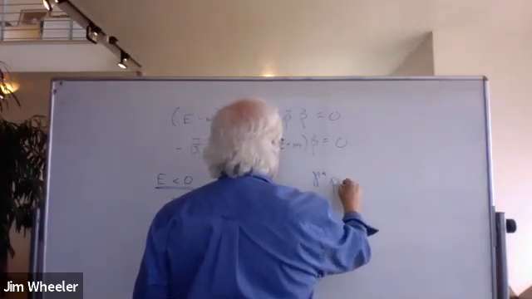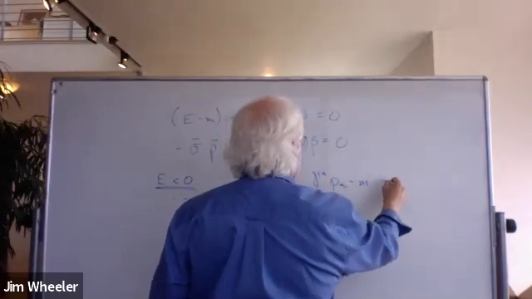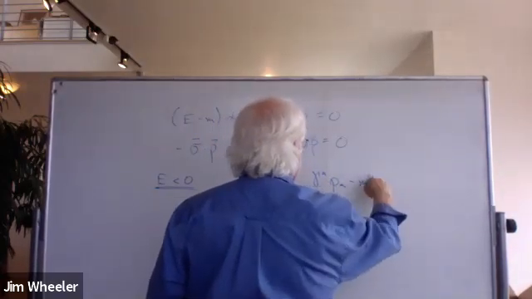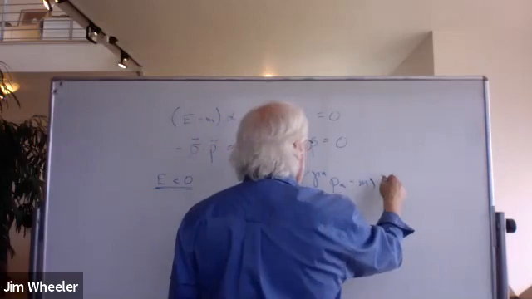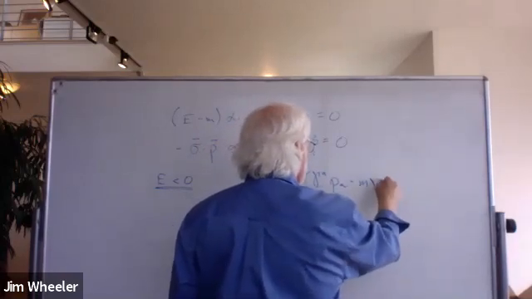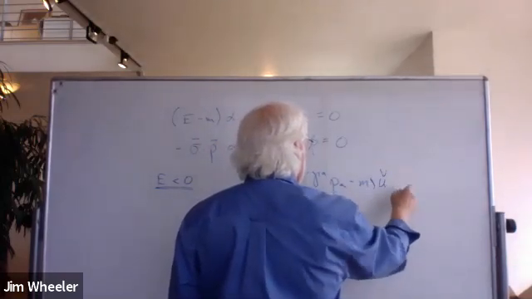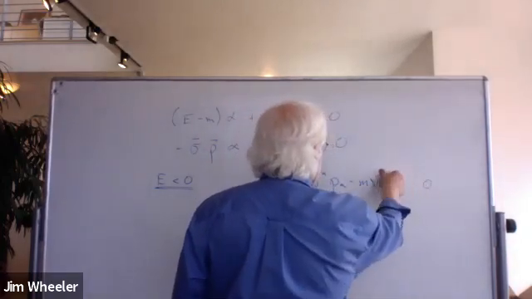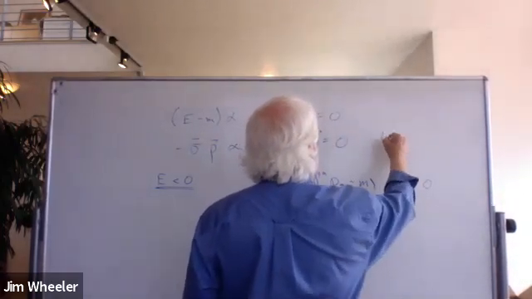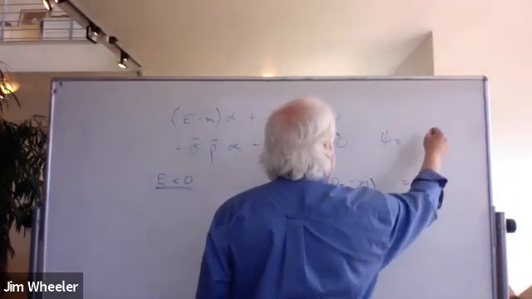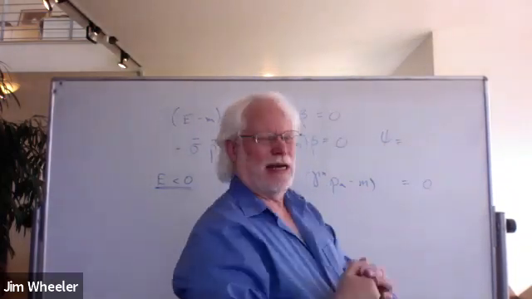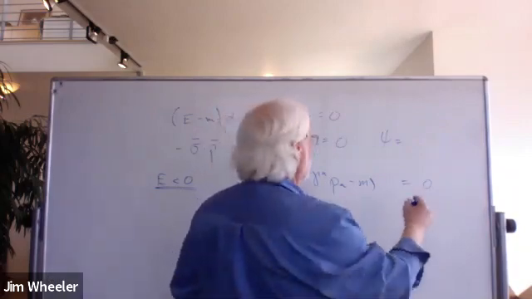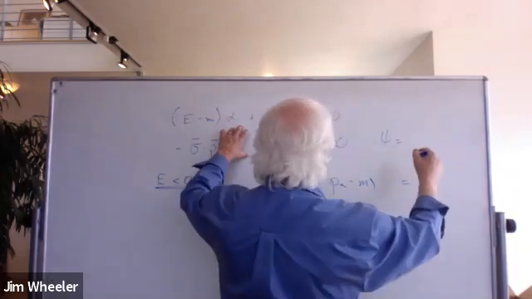Gamma^mu p_mu minus m acting on the spinor part. This could be u or v here, one or the other, equals 0. So let's say we let psi be, oh okay, yeah, there is a difference, isn't there? We get two different equations.